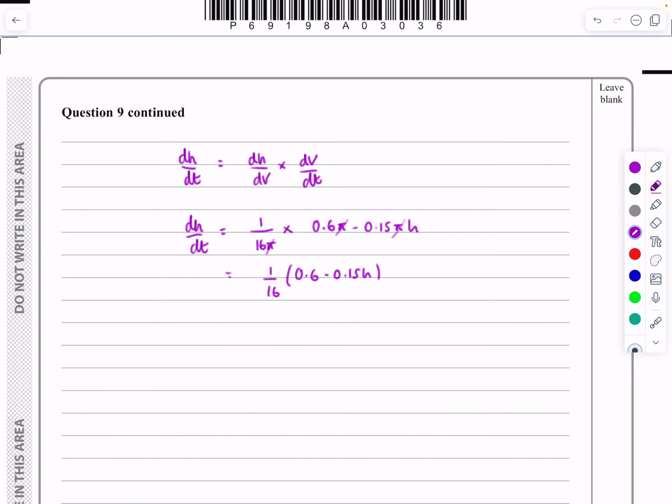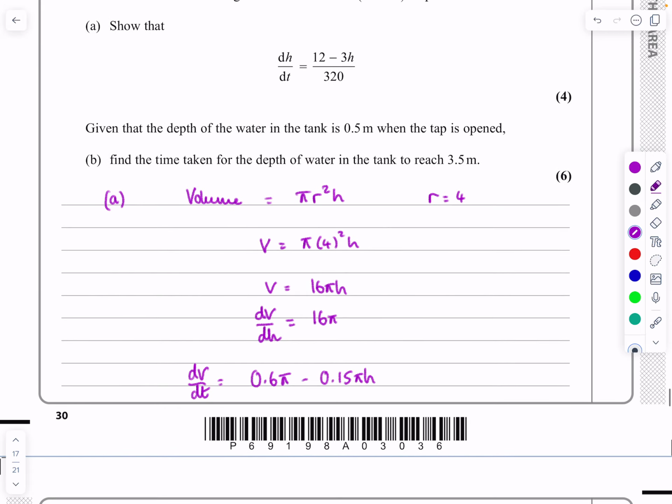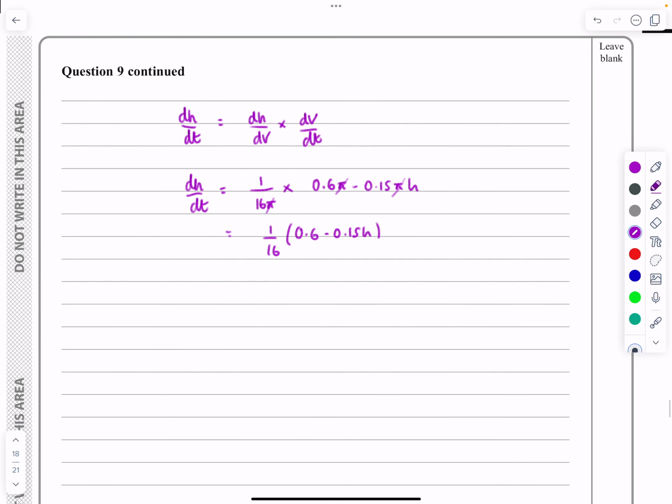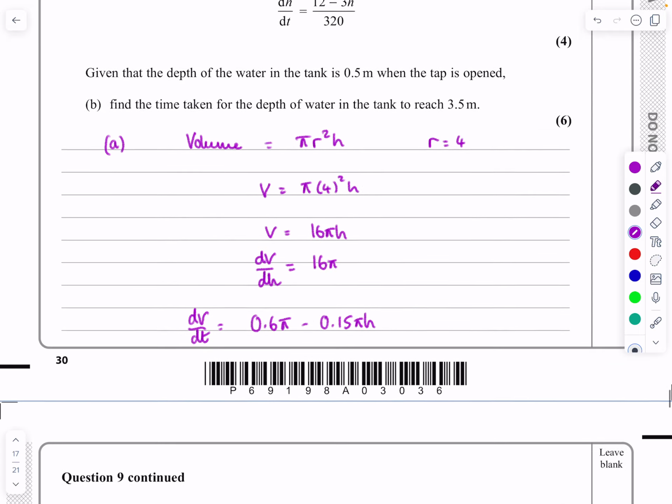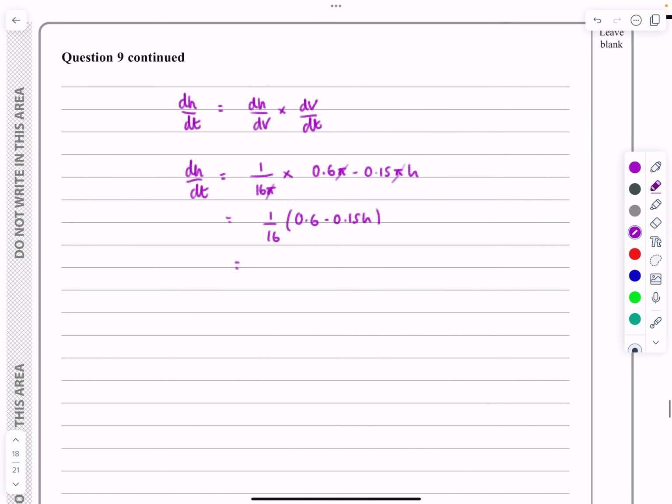And then what are we trying to get it to? So we're trying to get it to look like 12 minus 3h over 320. Don't go too quickly with that, okay? So if we were looking at that, what do I want to get to? Well, let's go back and have another look, sorry. We've got 320 on the bottom there. So if I at this stage then said, let's multiply top and bottom by 10, I'm going to get 1 over 160 is equal to 6 minus 1.5 h.